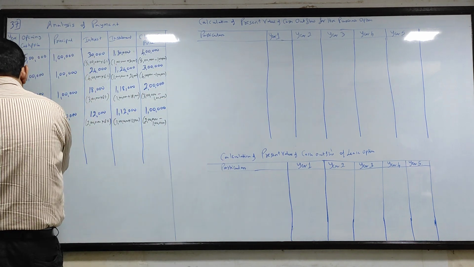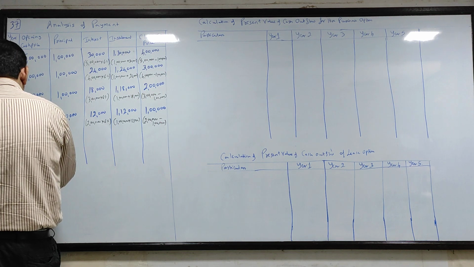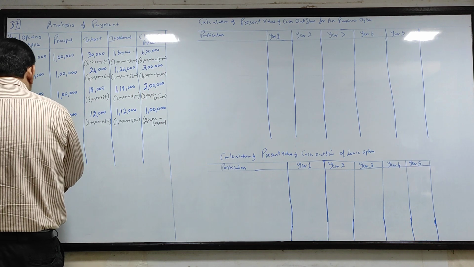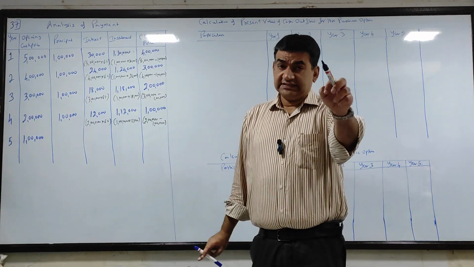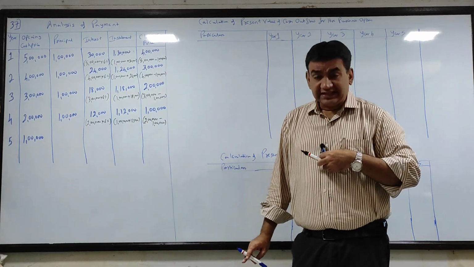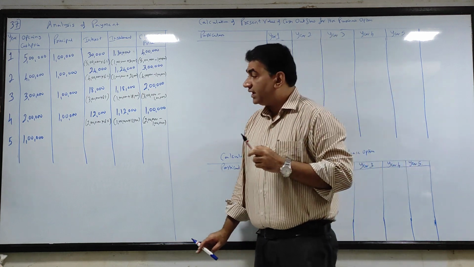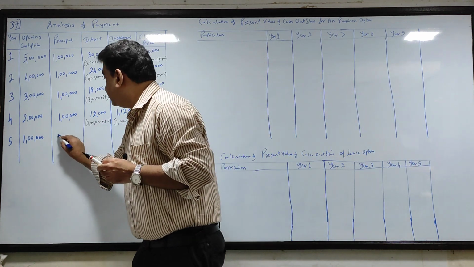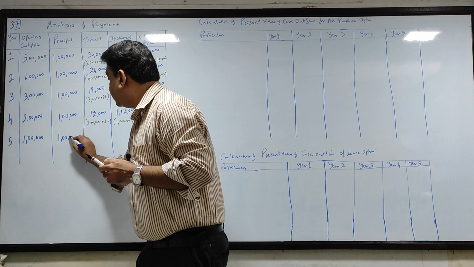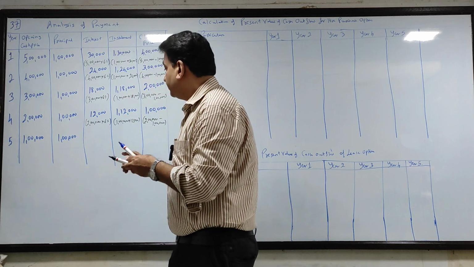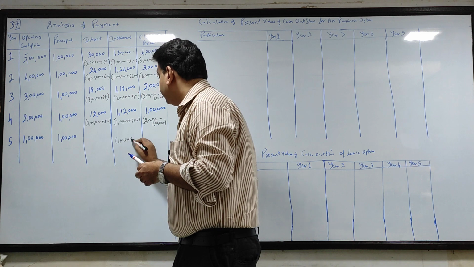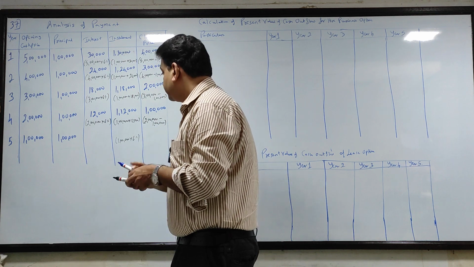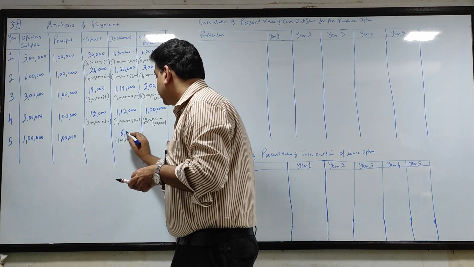And last, year 5, bring it down 1 lakh. What I told you, when we are in the last year, opening cash price and principal will remain the same.